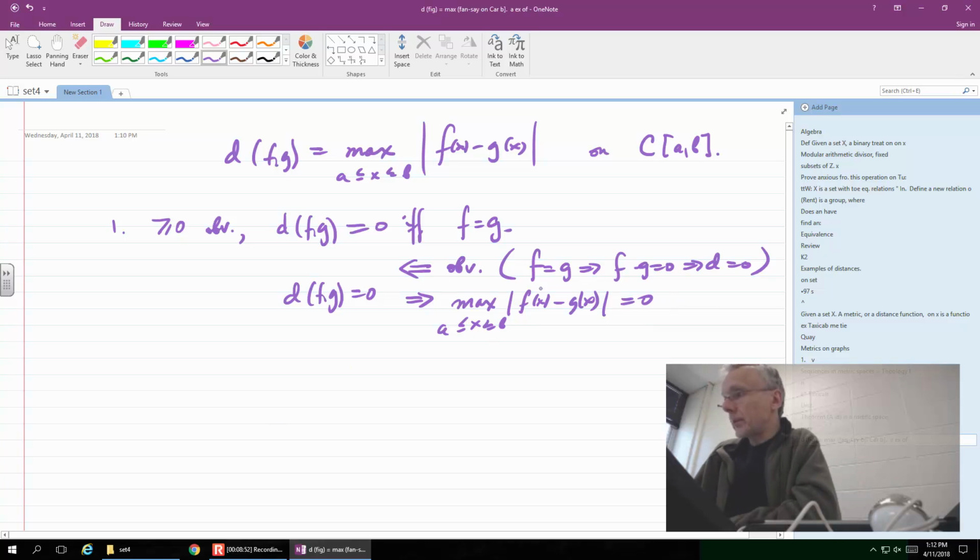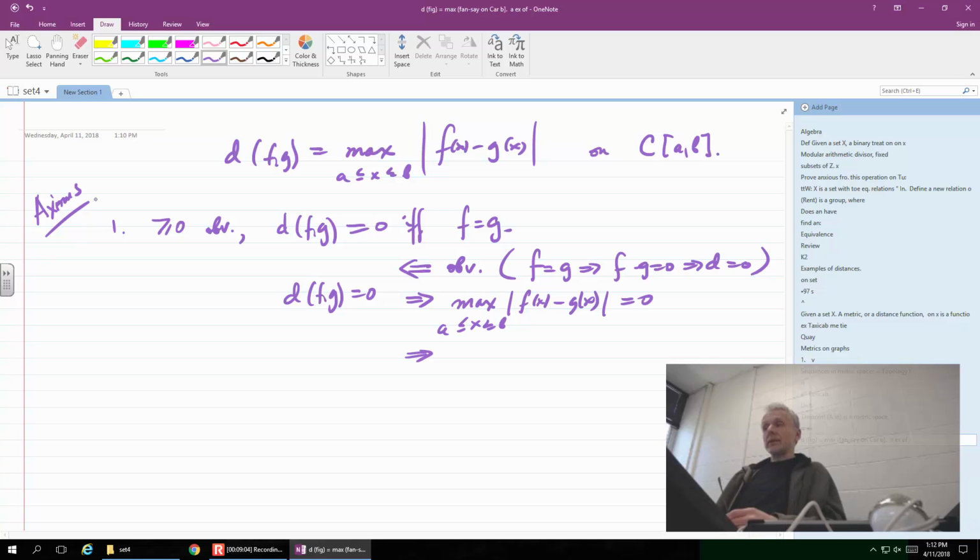What does it imply? The maximum. What is a maximum? It is really not tricky. It is a maximum of a set. It is a set of numbers, and I just take the largest value of those.